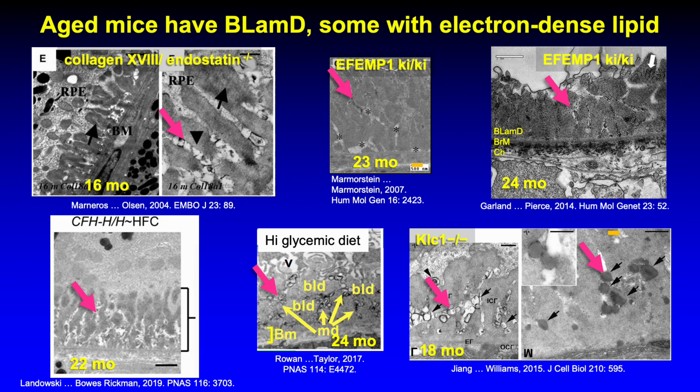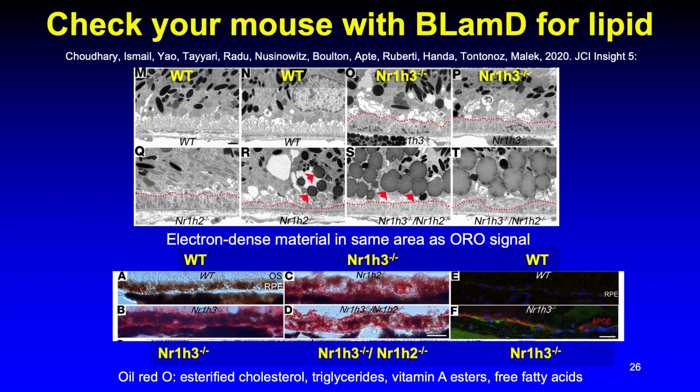This showed positive evidence that the whorled features are indeed lipid. So this brings up an important point. To check your mouse model with transmission electron microscopy like they did, or with lipid histochemistry like Goldis Malek's lab did. These investigators found electron-dense material in the same compartment as oil red O signal.